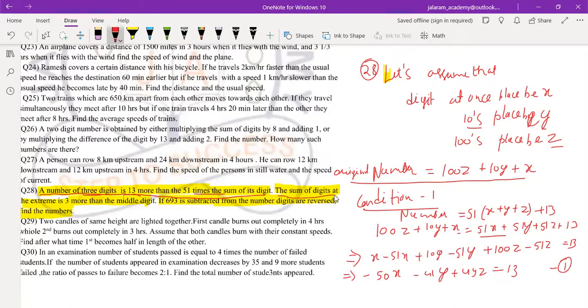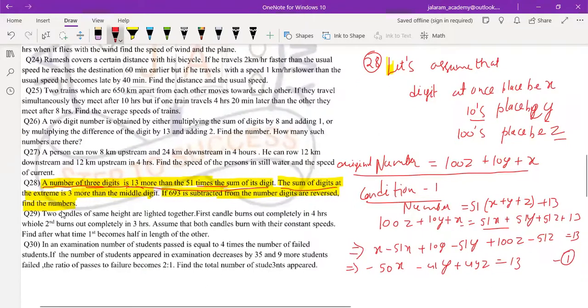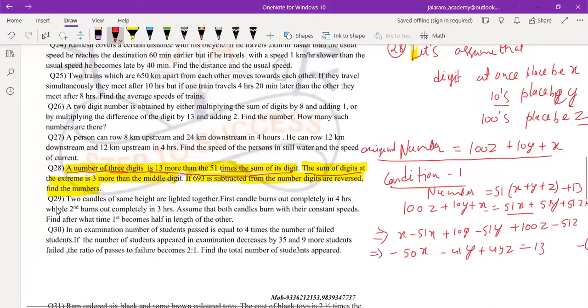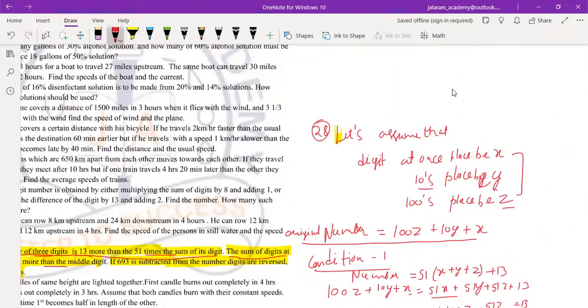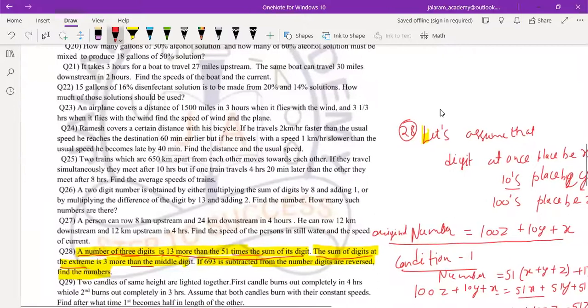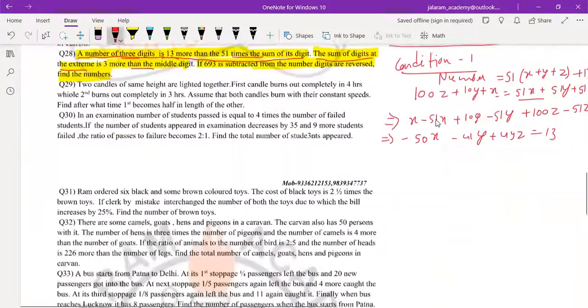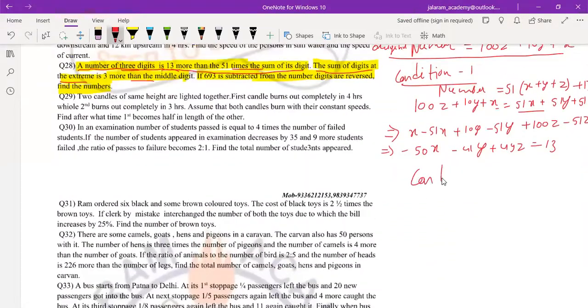Again, the sum of digits at the extreme. So what are the digits at the extreme? They are x and z. Extreme means the ones digit and the hundreds digit. So, condition 2: the sum of the digits at the extreme, x plus z, is 3 more than the middle digit.